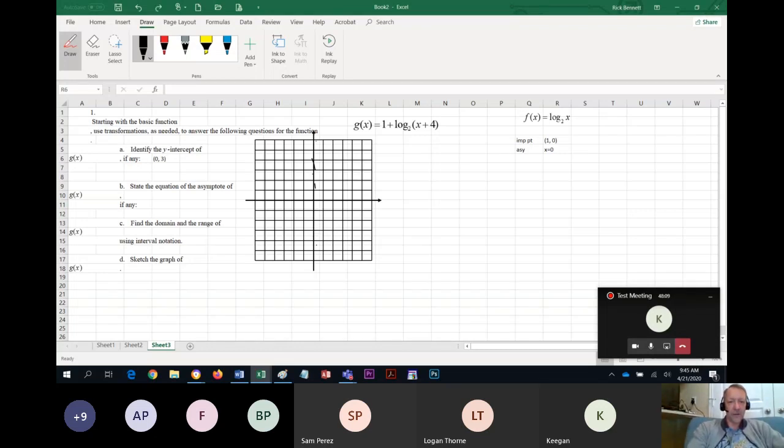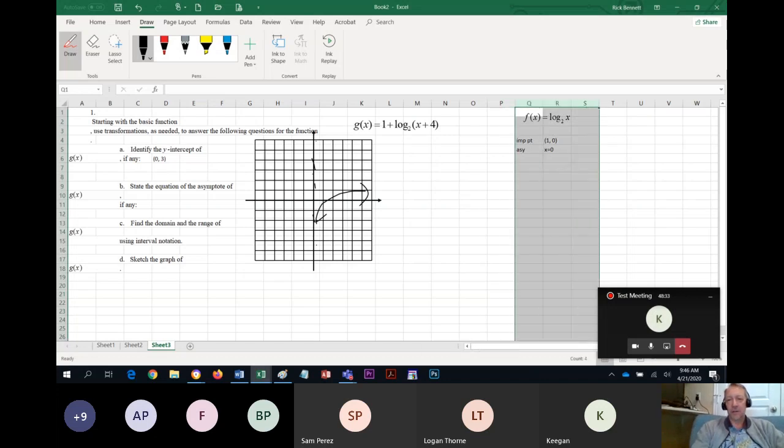I cannot get it through that point. Ah, I did it that time. Good enough. It's actually way too steep. I'll try it one more time. That's pretty close, close enough for what I'm trying to do. So that's your basic log function here.